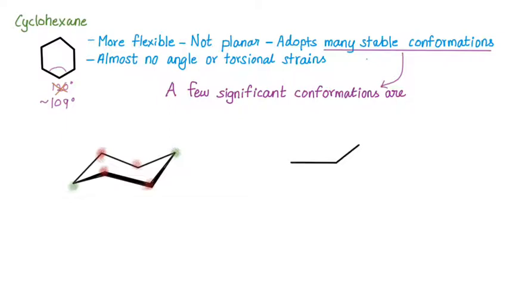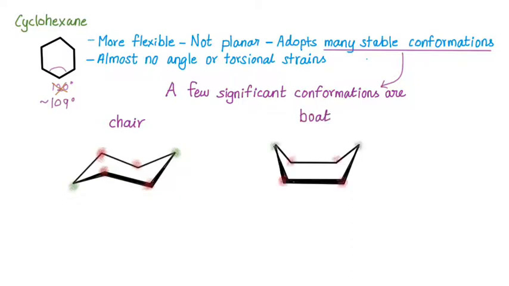The next one is called a boat conformation because it looks like a boat. The previous one looks like a chair, and this one looks like a boat. So we call it a boat conformation. Chair and boat.